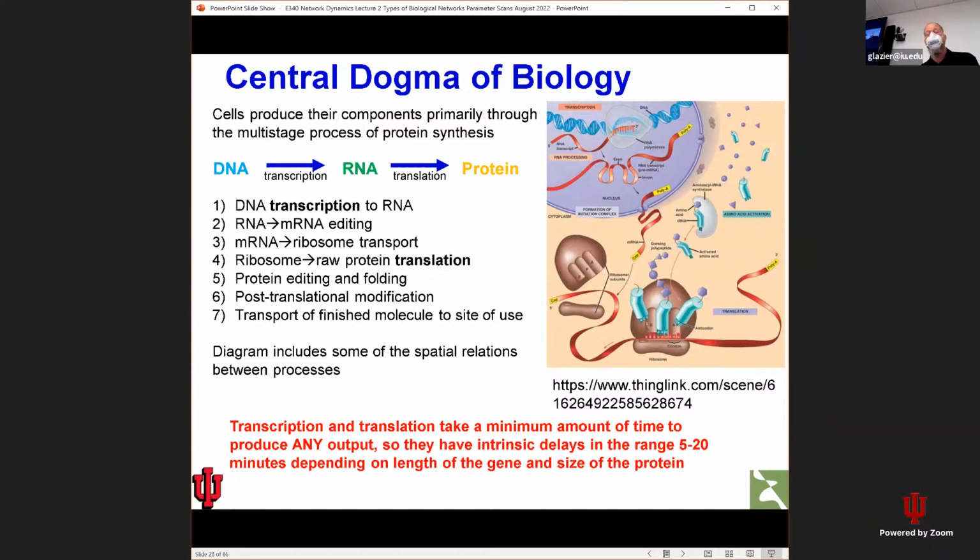That spliced RNA, and sometimes the same gene can be spliced in multiple ways, is then directed to the ribosomes, which are some of the more mysterious macromolecular machines inside of cells.